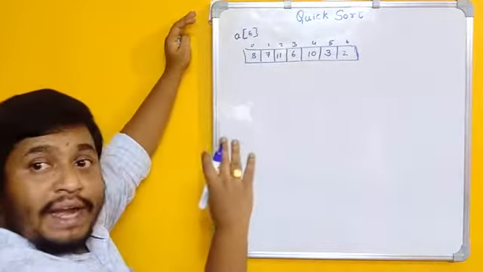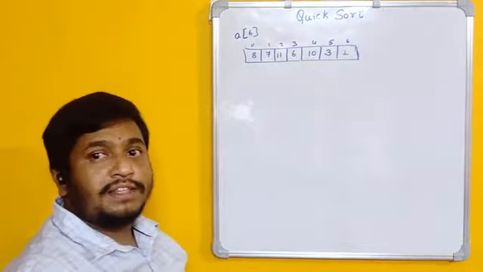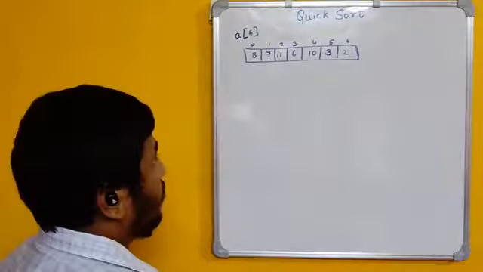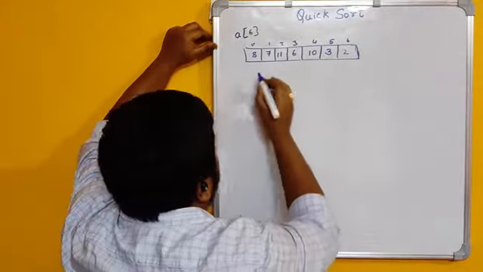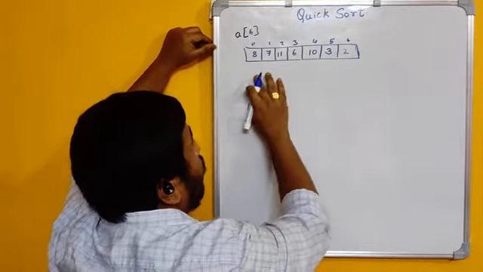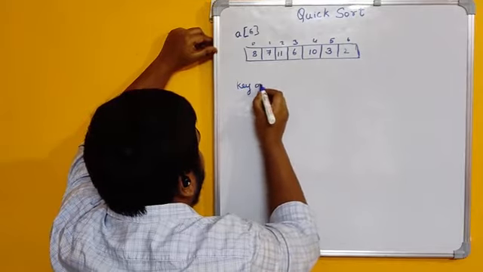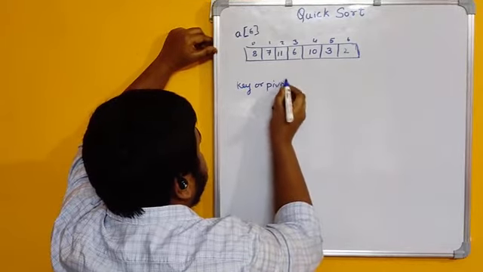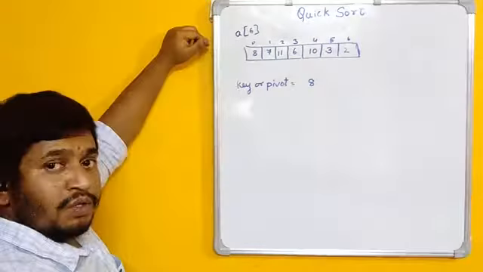Now we are dividing this array into two parts and partitioning the array using the partitioning technique. After the partitioning technique, what happens? We will take the first element of the array as the pivot element or key element. So now 8 is our pivot element.